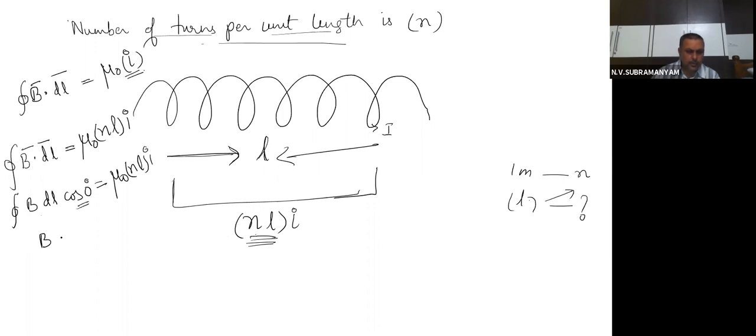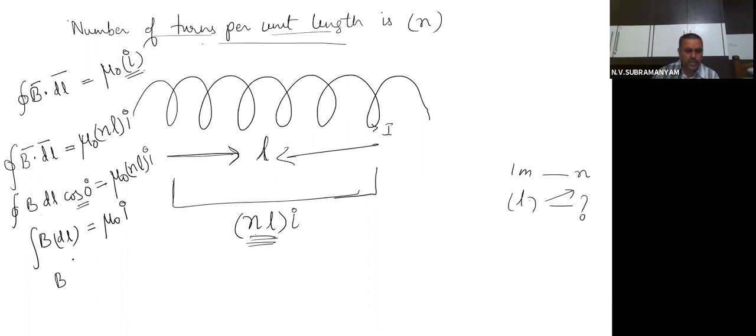Then I will get the integral of B dl equals mu naught n L I. Now, you know that B is constant inside that solenoid, at inside points it is approximately uniform.